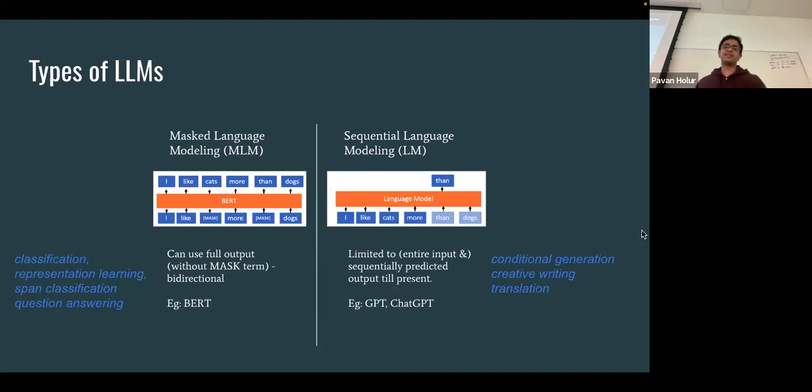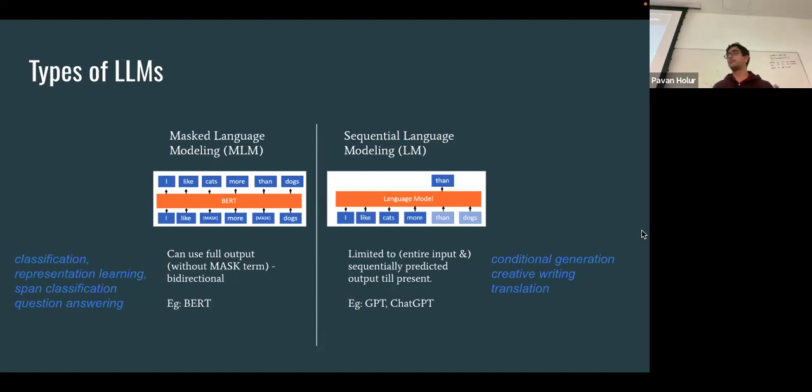Whereas the masked language model is usually used for classification or representation learning, what we mean by that is, you have a token, the token has an embedding, we modify that embedding and we learn a new embedding. Representation learning means learning embeddings. We already talked about this in the masked language models.